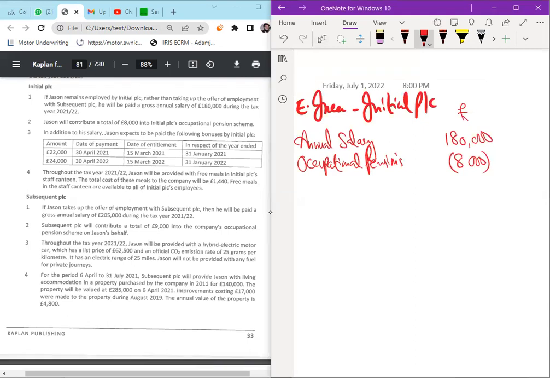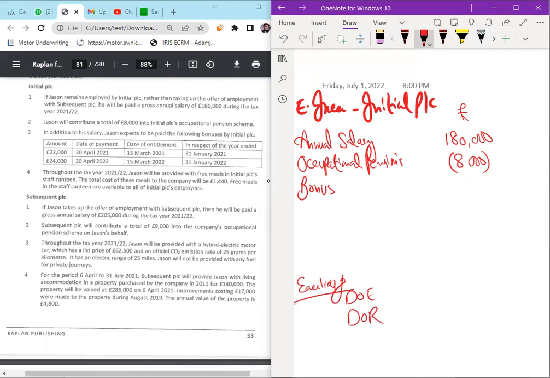Next one, number 3 is the bonus. Bonus needs to be added. And he is a manager, not a director. So earlier of date of entitlement and date of receipt. We know there are a lot of dates.